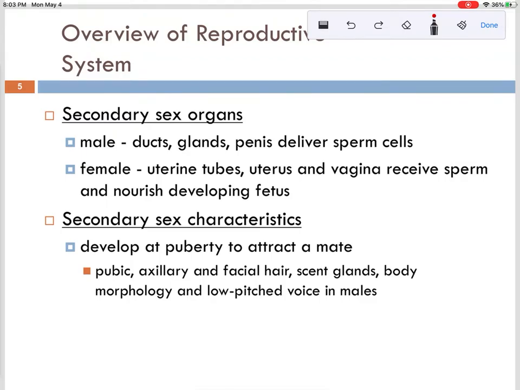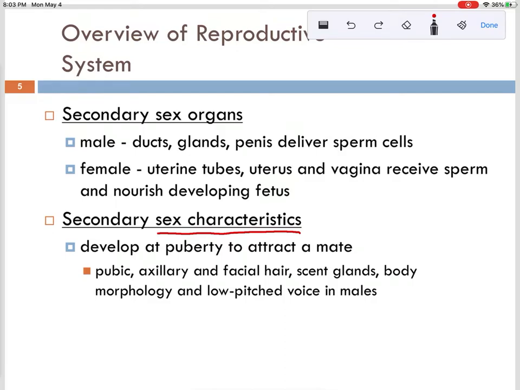They're just second because what we need most is the primary sex organ, which produces the sex cell. We're going to talk about various secondary sex organs as we go through the male and female anatomy.